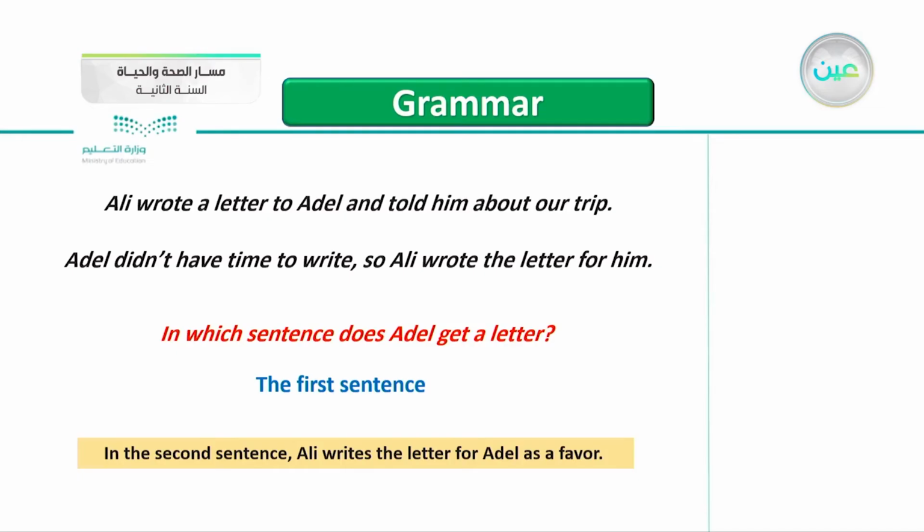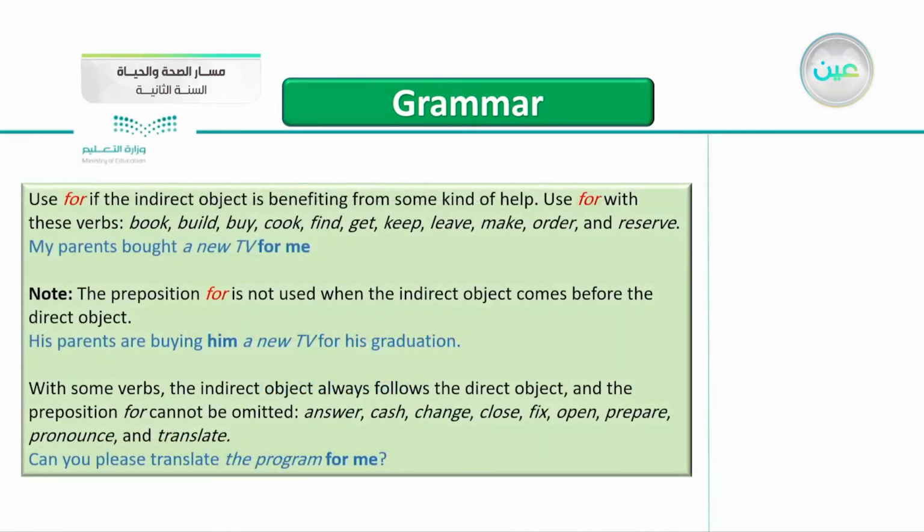So this is the use of the preposition "for". We use "for" if the indirect object is benefiting from some kind of help, as Adil did.